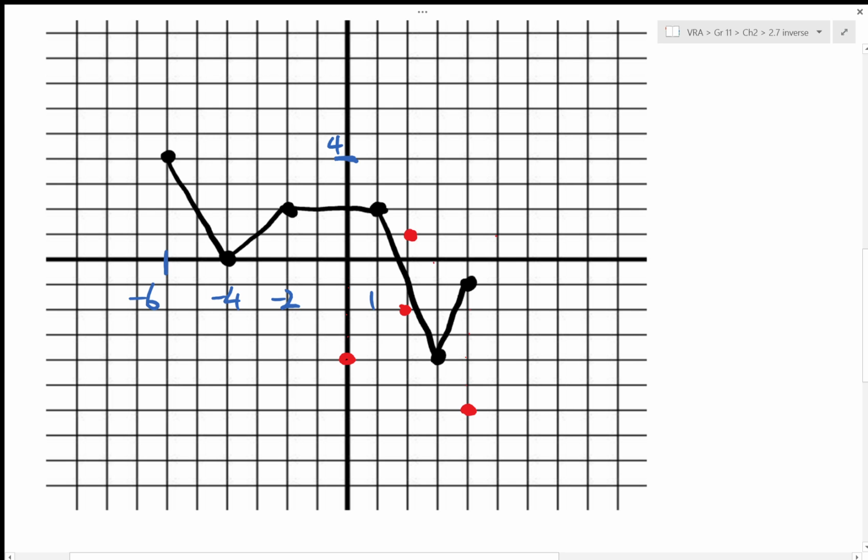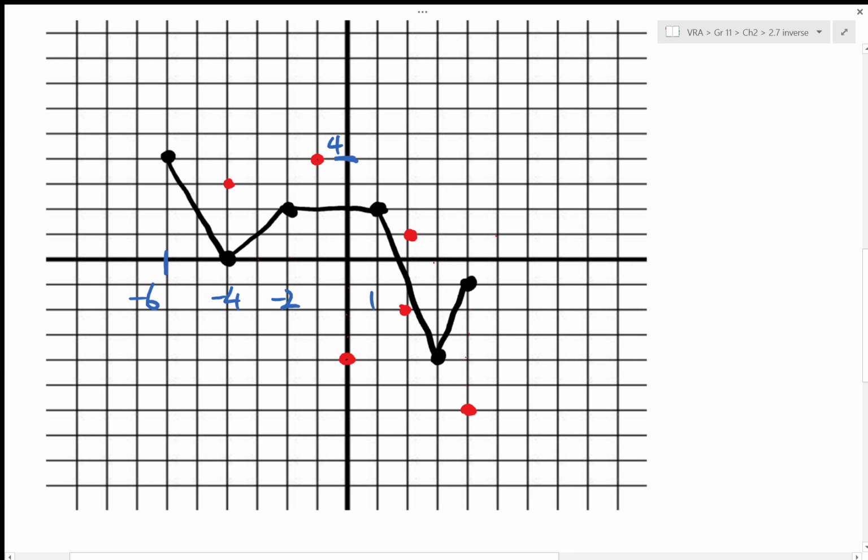Then the fifth point is 3 comma negative 4, therefore that becomes negative 4 comma 3, which is right there. And lastly, we have 4 comma negative 1, and that becomes negative 1 comma 4.